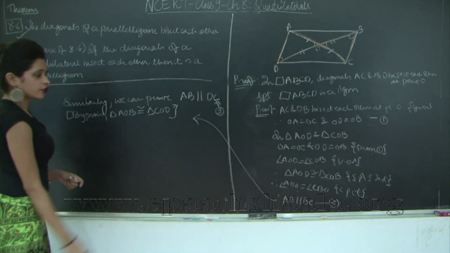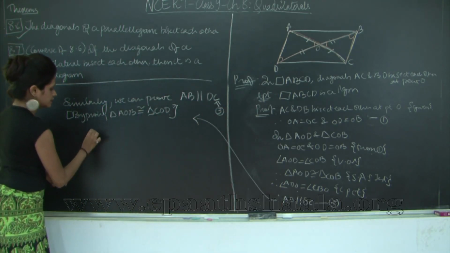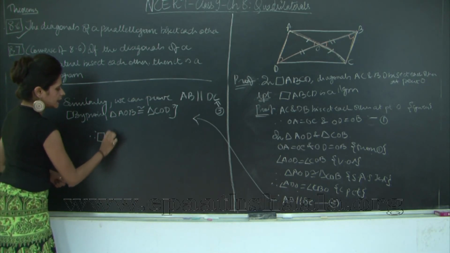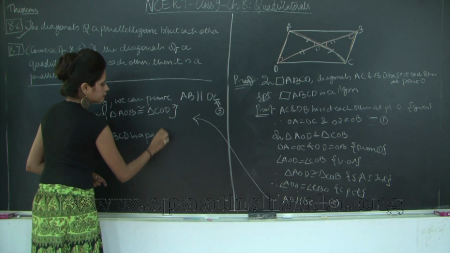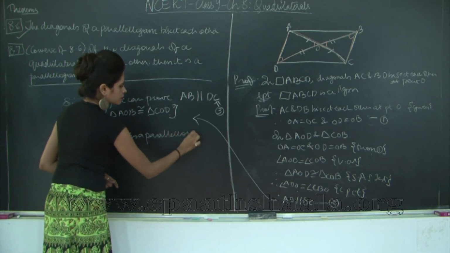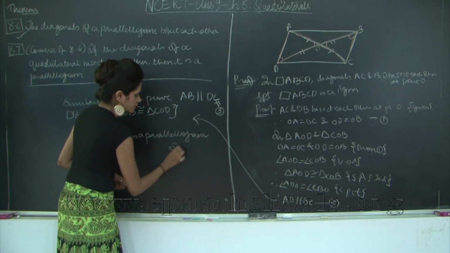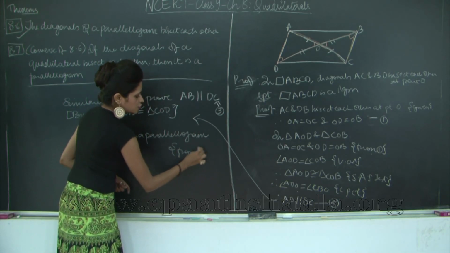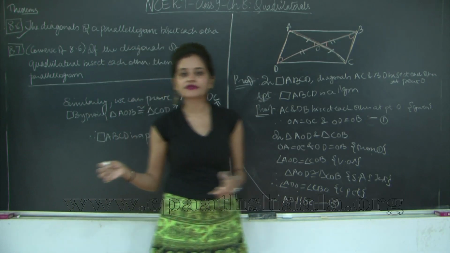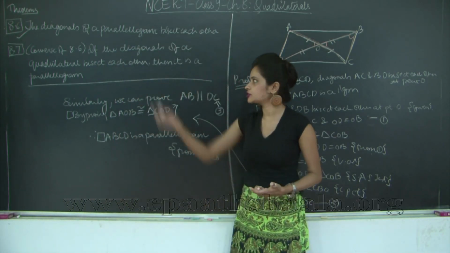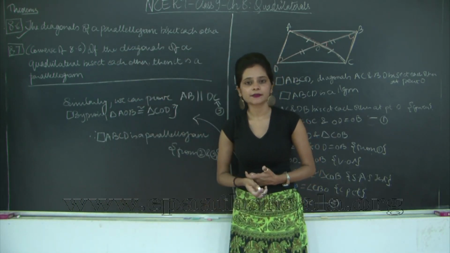Therefore, what do we get from 2 and 3? That quadrilateral ABCD is a parallelogram, from 2 and 3. Hence our statement that if in a quadrilateral the diagonals bisect each other, then the given quadrilateral is a parallelogram.